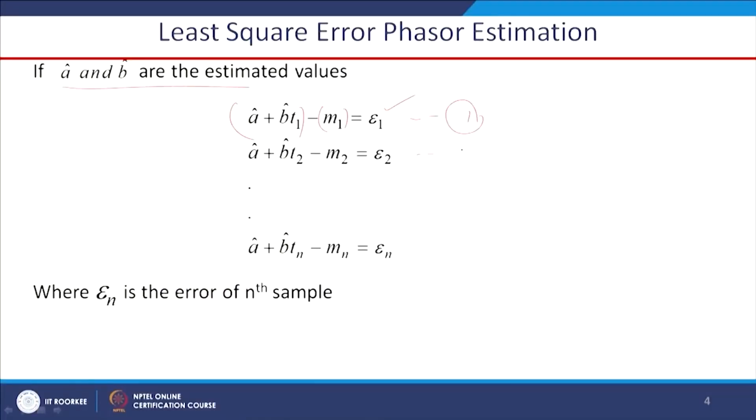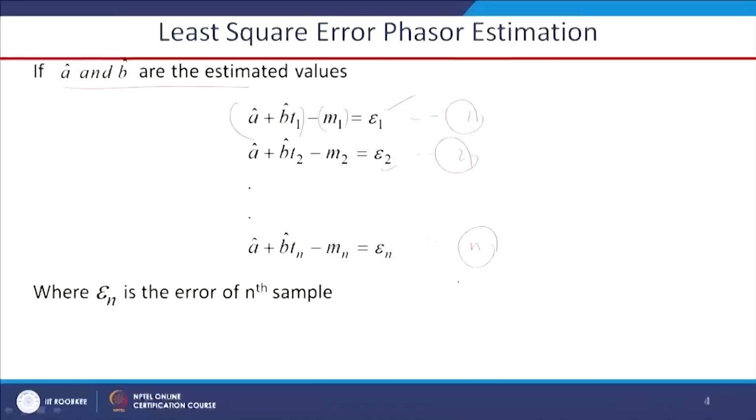Similarly, we have the second: A cap plus B cap T2 minus M2 is equal to epsilon 2, and so on, up to the nth equation: A cap plus B cap Tn minus Mn is equal to epsilon n. In this process, we have n number of equations, and further we will frame one matrix equation from which we can calculate the unknown variables.